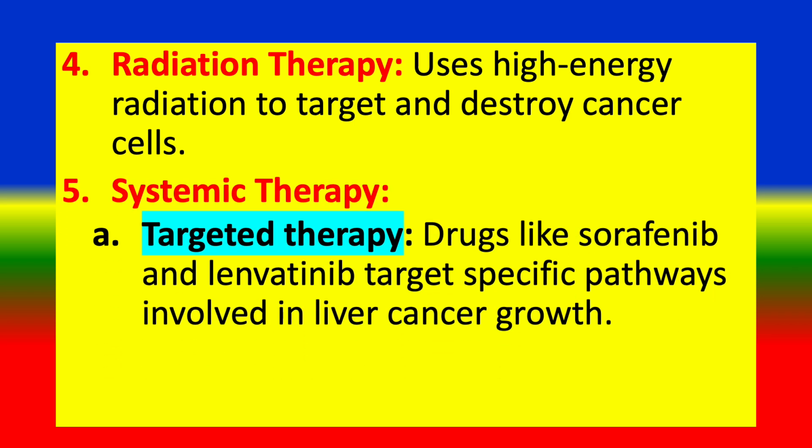5. Systemic therapy. A. Targeted therapy: drugs like sorafenib and lenvatinib target specific pathways involved in liver cancer growth.